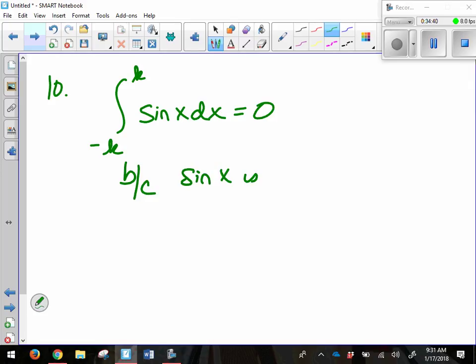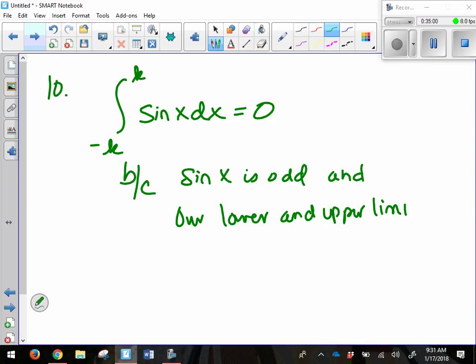Yeah, because sine x is odd, and our lower and upper limits are equidistant from x equals 0, because that's part of it too.